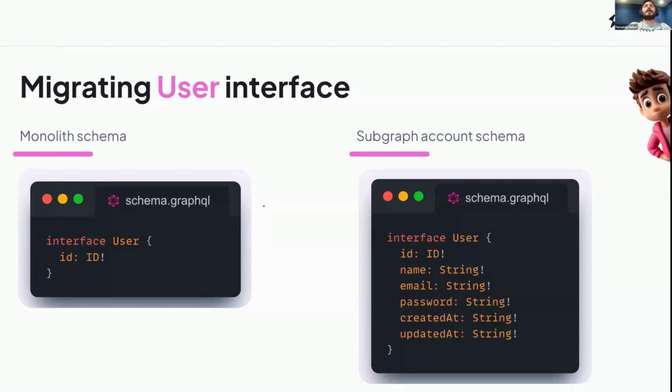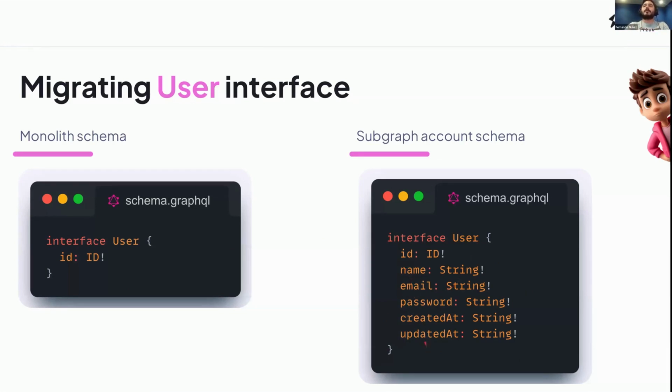So for the migration, we start with the interfaces. We start migrating the interface to our account. Our first interface that is part of the account domain is the user interface. So this is basically the final result, the way that the schema will be in the monolith. We have moved all the attributes to the subgraph account, and so we define the schema of the subgraph, the new interface.